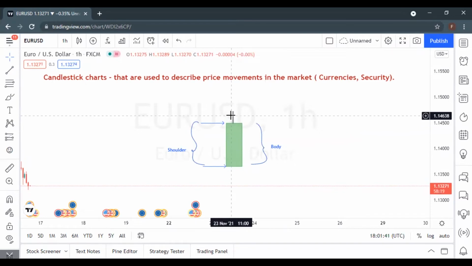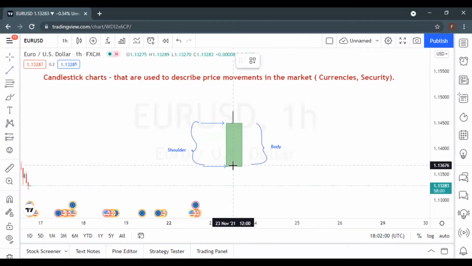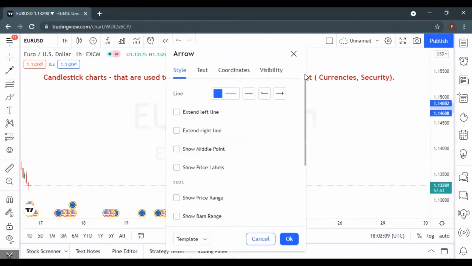Some call it a wick. It shows a rejection in the market, which means that there is a strong fight happening between the participants of the market, right? So these are called wicks or shadows. Let me just label them. So this is a shadow.